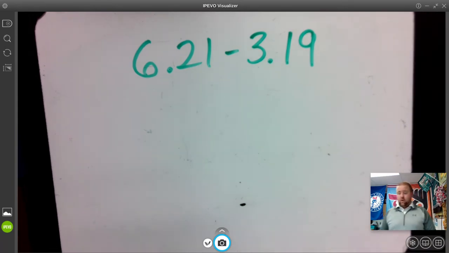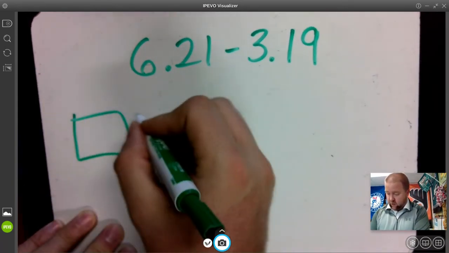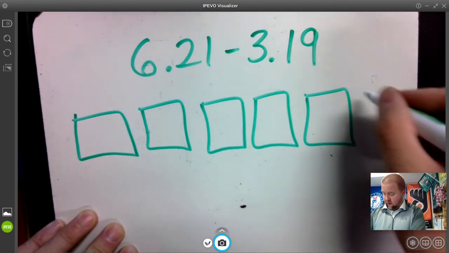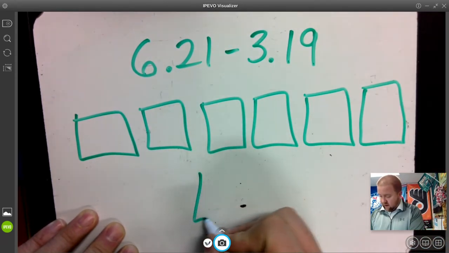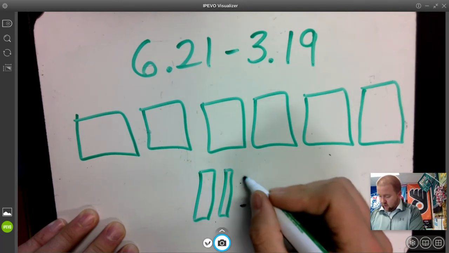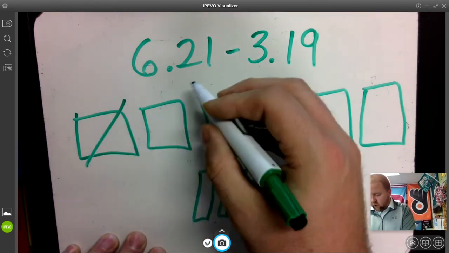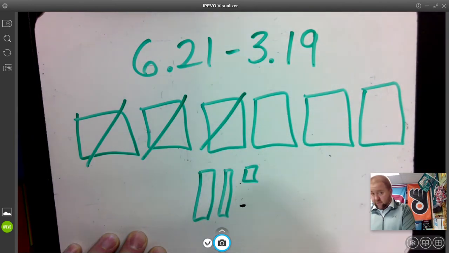I'm still going to draw my 6, and I'm still going to draw my 21, so 2 tenths and 1 hundredth. If I'm taking away 3 and 19 hundredths, I take away 1, 1, 1, there's 3 of those.